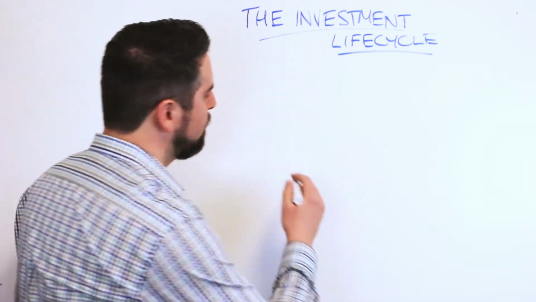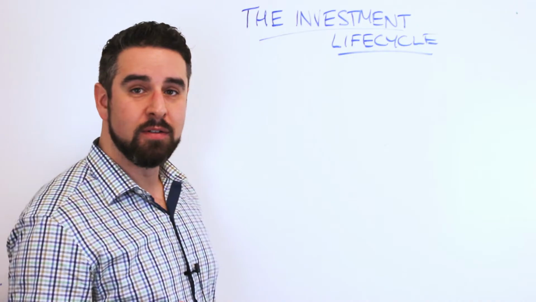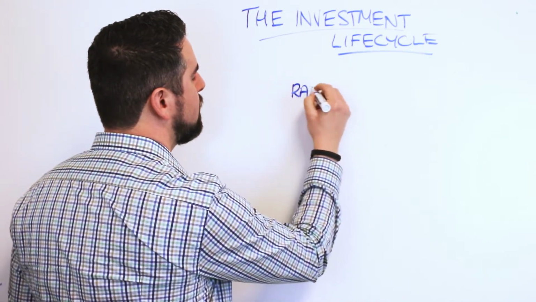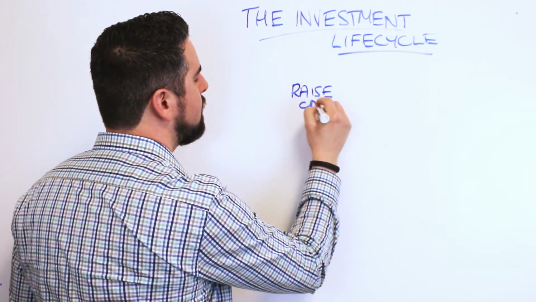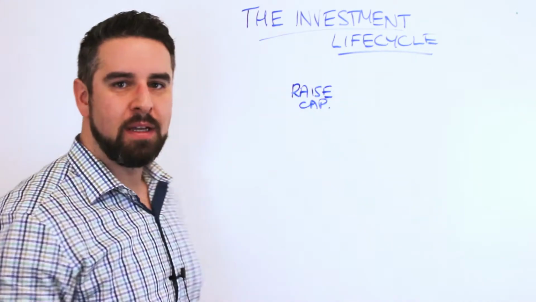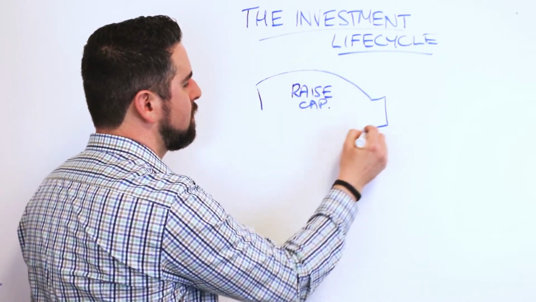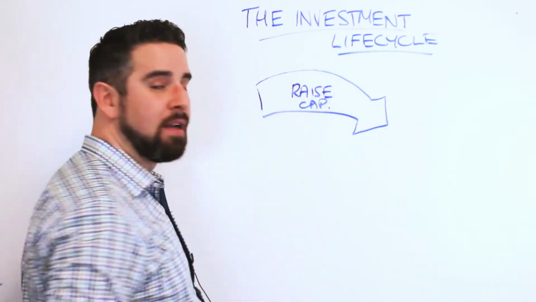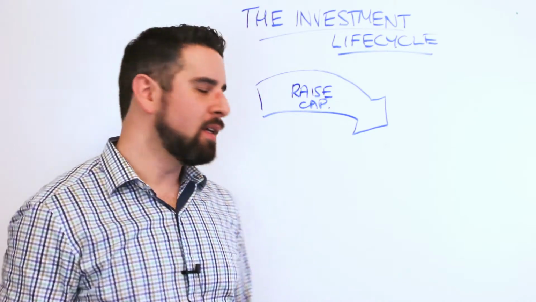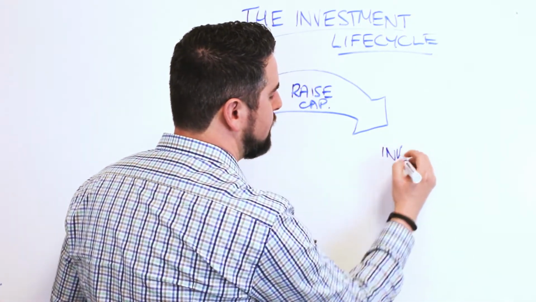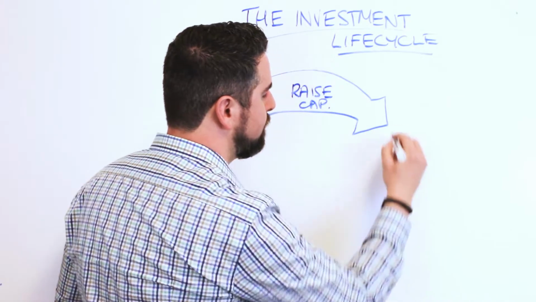The first thing that an investor is going to need to do is raise capital. So we'll put here raise capital. That would be step one. The second step is to invest that capital. So we'll put here invest capital.